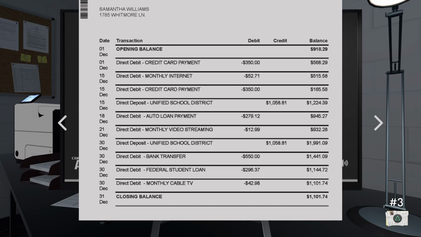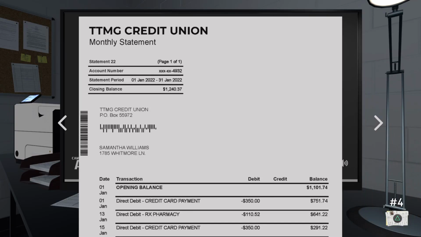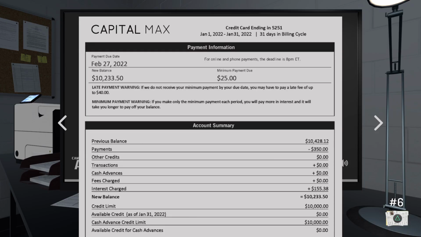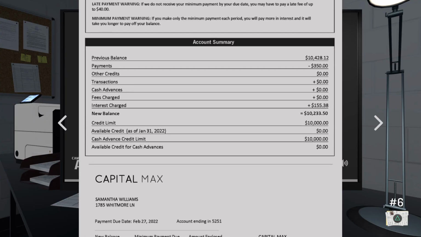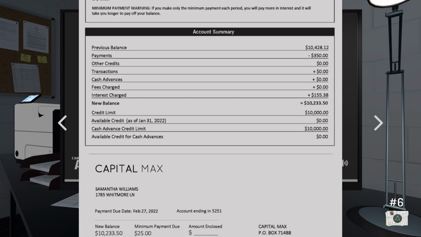But she paid her credit card $700 a month, and she still has $10,223.50 to go. Minimum payment due $25. That's fine. Payments $350. Other credits, interest charge.